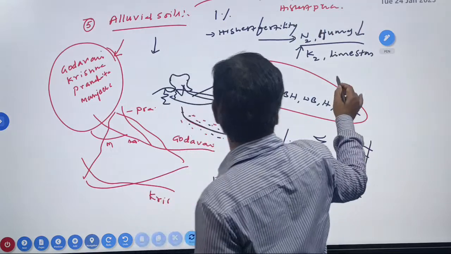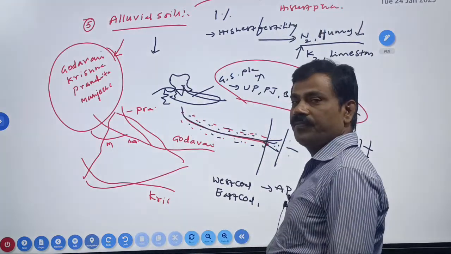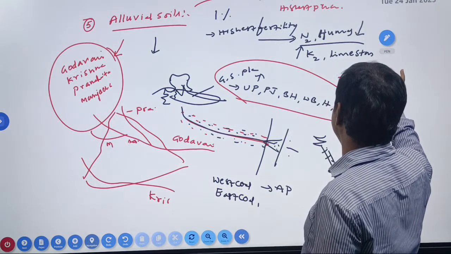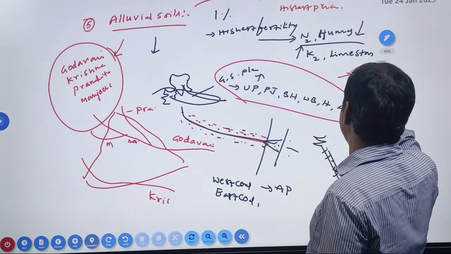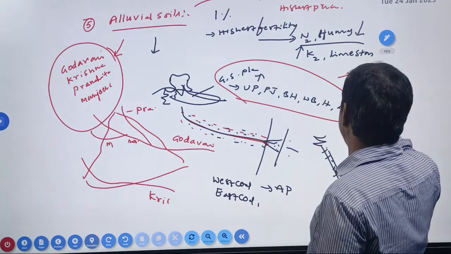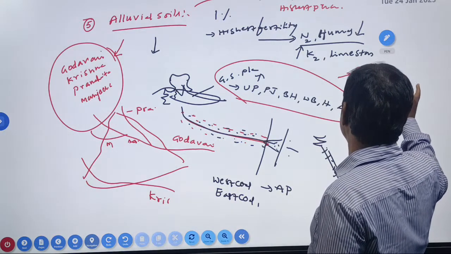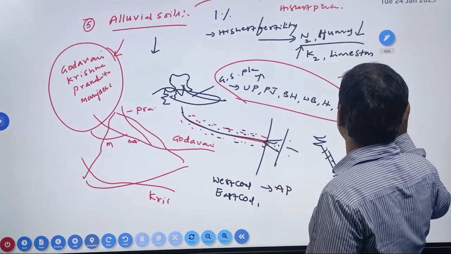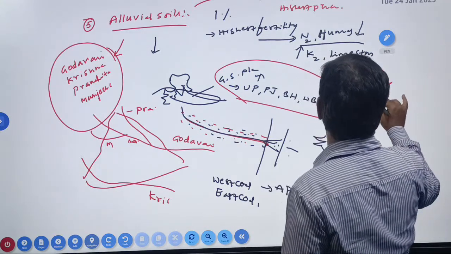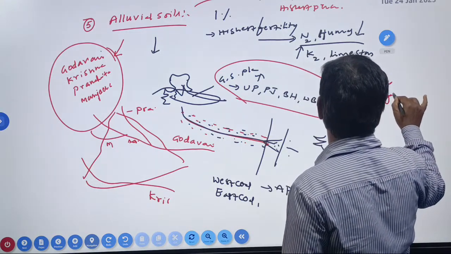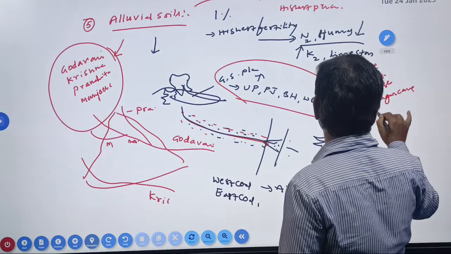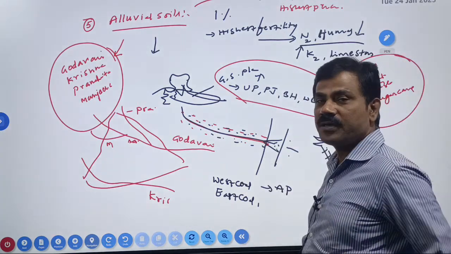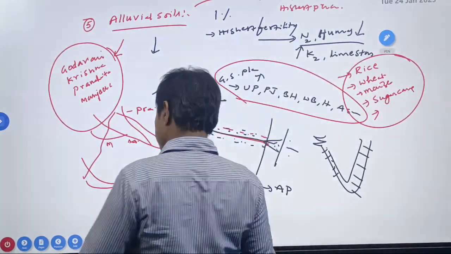The maximum productivity in India is rice, wheat and maize, sugarcane. These crops are cultivated in India.